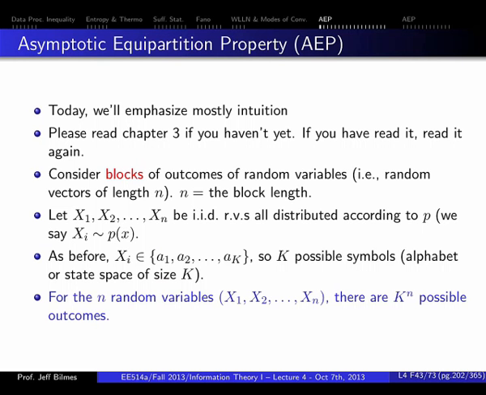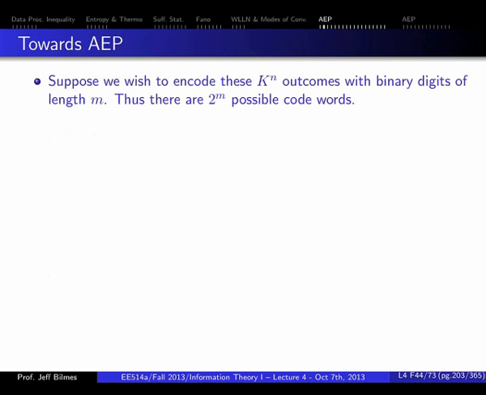In general, there's k to the n possible outcomes, right? Now, suppose we wish to encode these k outcomes using binary digits. If it's English text or some audio file, we have words or characters, and characters might come from an alphabet of size k, but ultimately when we store them on a computer, they have to be stored in an alphabet of size 2, which is binary.